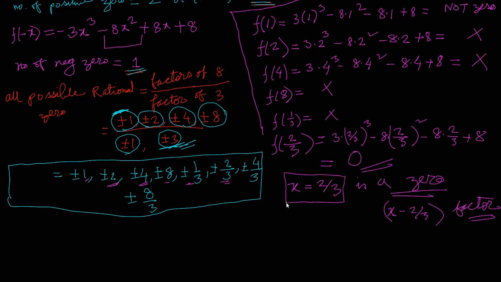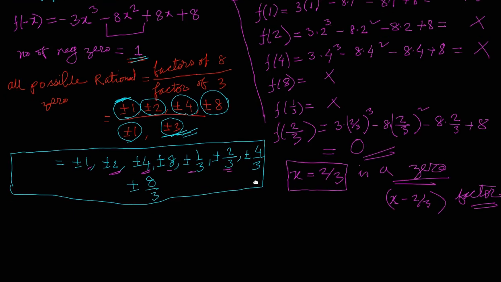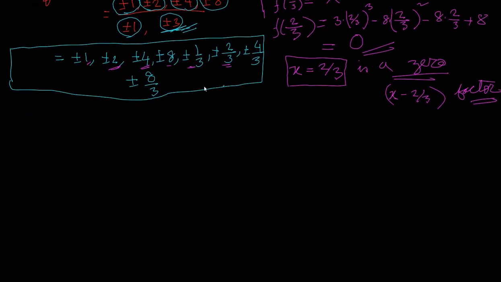All right, so to find the other real zeros, I actually need to do the synthetic division. Before I do the synthetic division, let me write down the original function again.